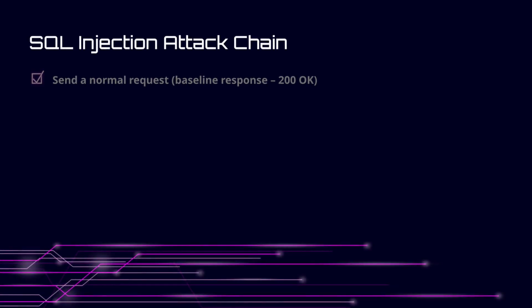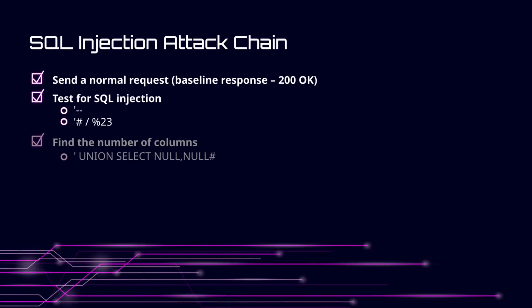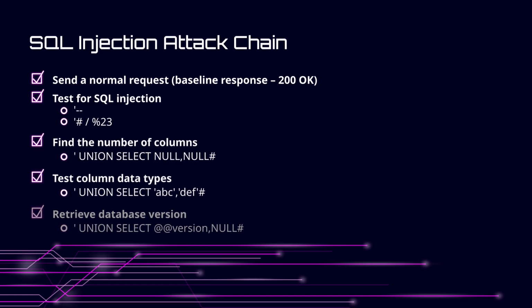Before finishing the lab, let's quickly recap the steps we used to exploit this SQL injection. First, we sent a normal request to understand how the application behaves and confirm that it returns a 200 OK response. Next, we tested for SQL injection by inserting a single quote followed by a comment, which allowed us to confirm that our input was being interpreted as part of a SQL query.